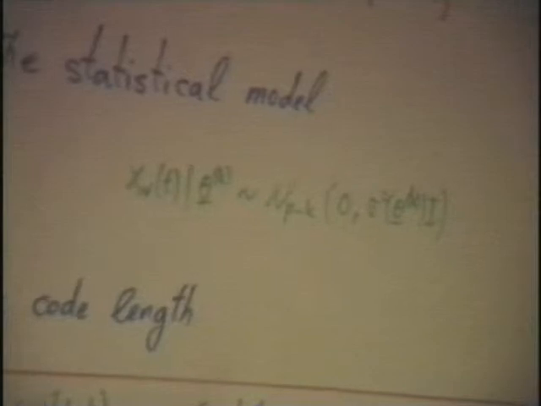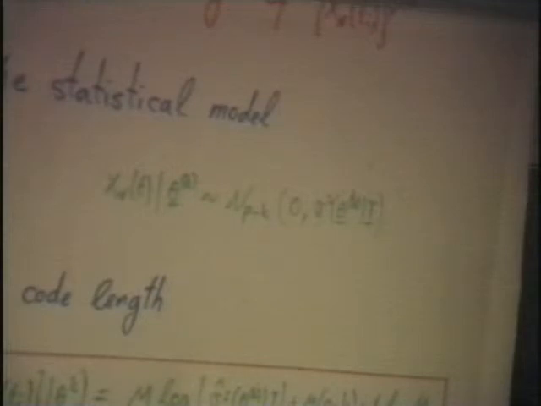Because we have assumed that the noise is spatially white, that is, the different components of the noise are independent and have the same spherical distribution, a natural model is the following: a Gaussian, where this vector xn is a p minus k dimensional vector with zero mean and covariance sigma square times I, a spherical covariance matrix.